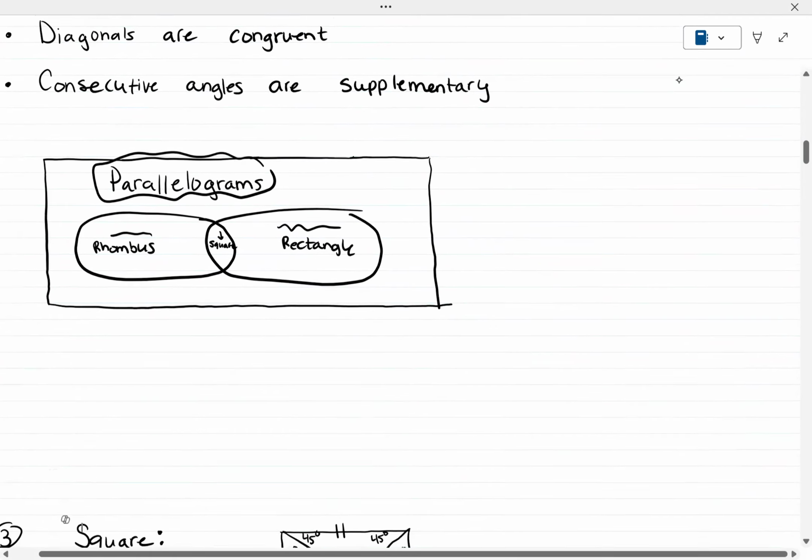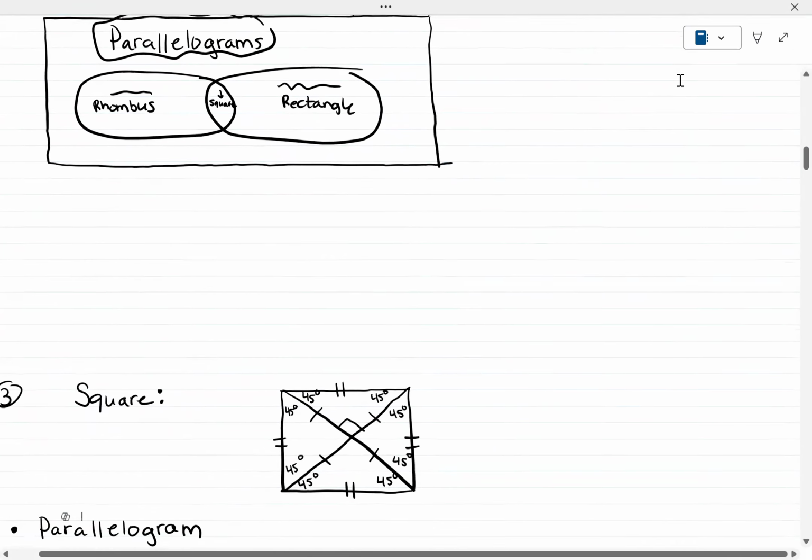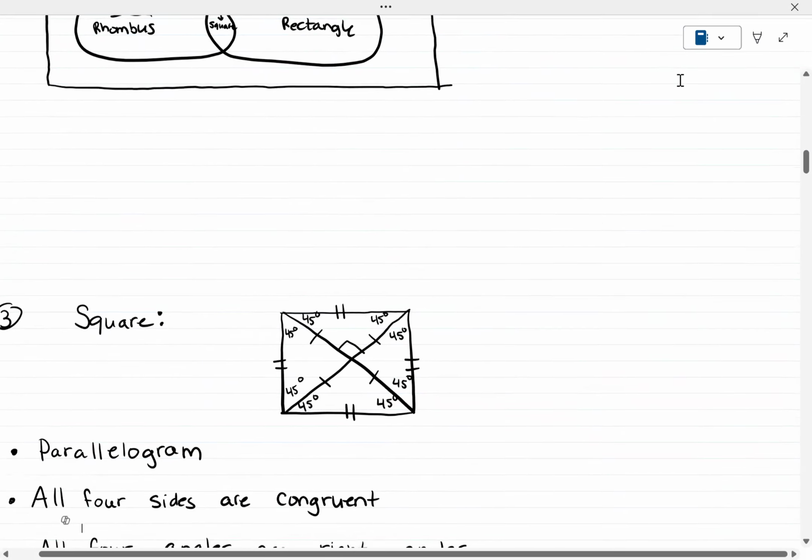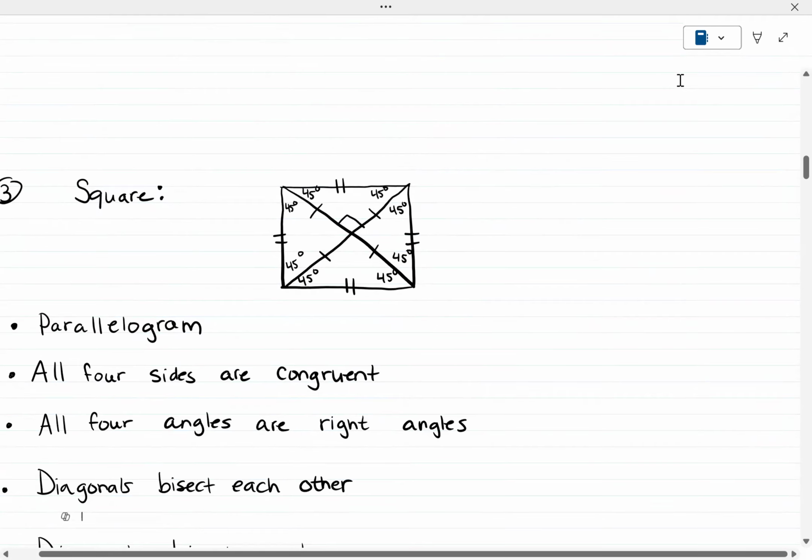Okay, square. I think this is probably the easiest one to remember. A square is technically a parallelogram, and in a square all four sides are congruent.